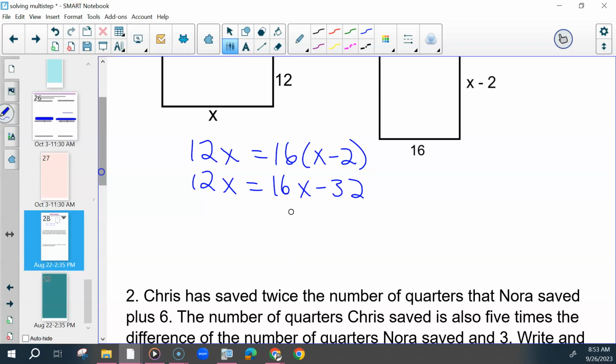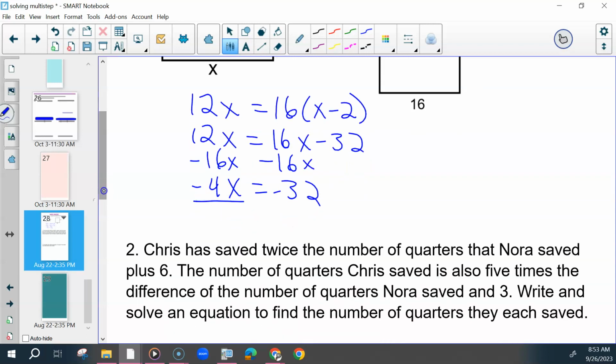If you subtracted 16, this would be 0 equals the rest of that, and you would have to bring it back. So you would have created an extra step. And then divide. So that x equals 8.